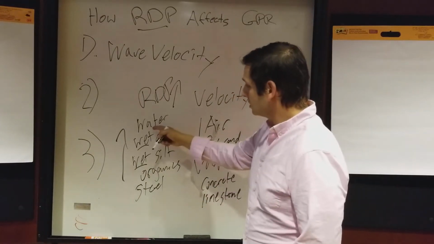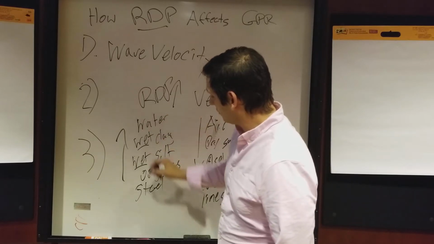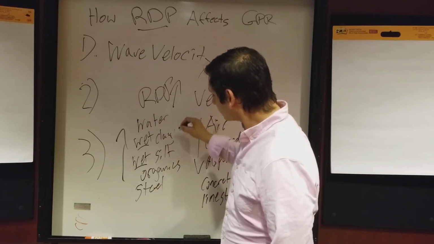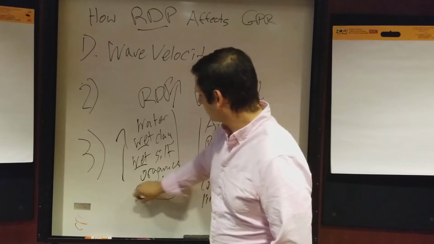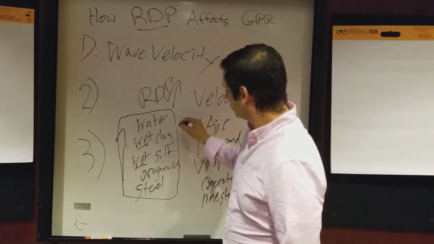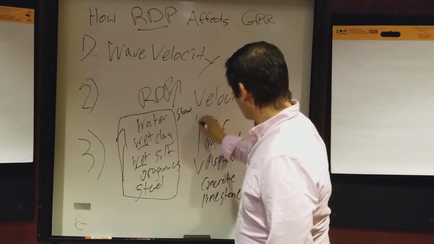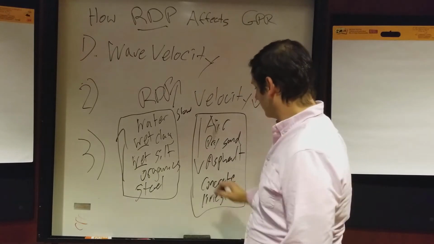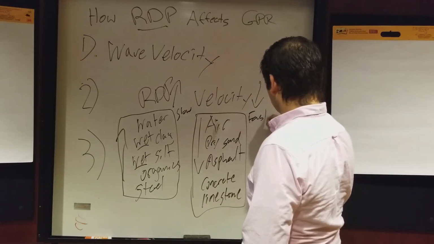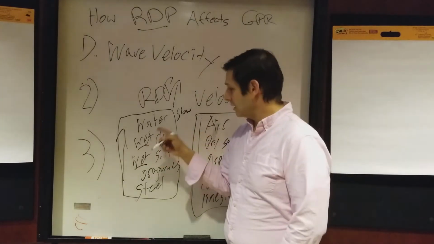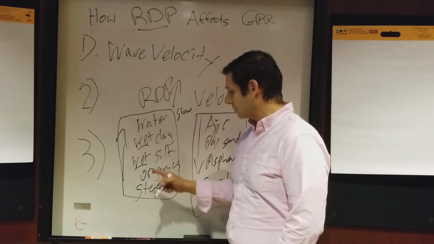So these will move fast, right? So this box right here, these are slow, and this box right here are going to be fast. Slow moving waves in water, wet clay, wet silt, organic material, and steel.